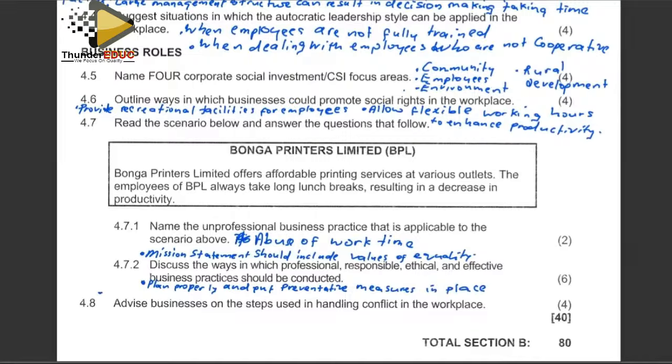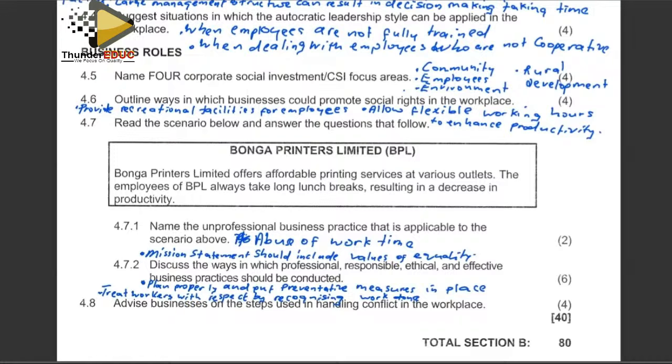And lastly, we are saying that they should treat workers with respect by recognizing work done. Okay.